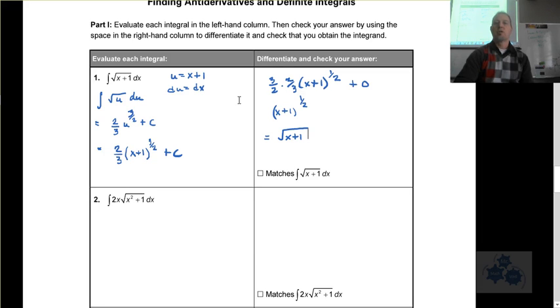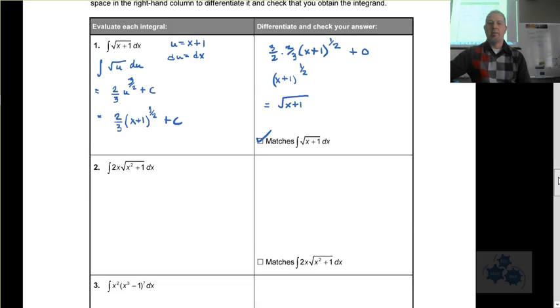Okay? Now, to differentiate, to check your answer, it looks like this. Go ahead and take this right here and find the derivative. What you do is you bring this 3 over 2 down and multiply it. So 3 over 2 times 2 over 3. Subtract 1 from 3 over 2. And then here's what you get. And that matches with your function inside the integral. Yes, it matches. Okay? So that's an example of what we're doing there.